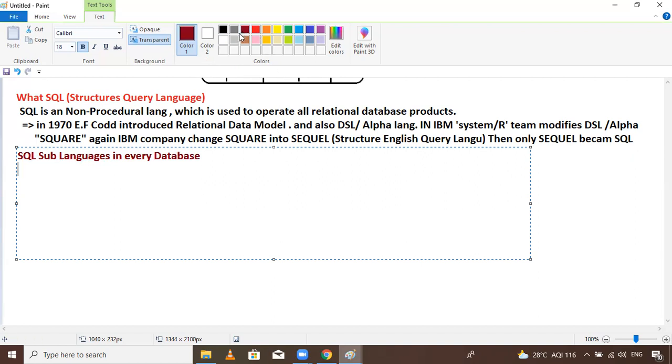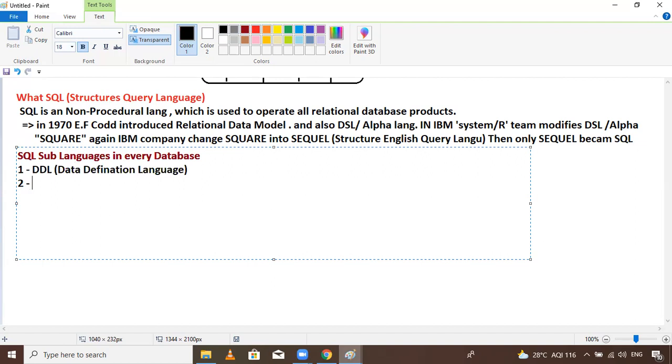One by one I am writing, so we'll get clear. So first is DDL. DDL is nothing but data definition language. When I start data definition language, then I will explain it.